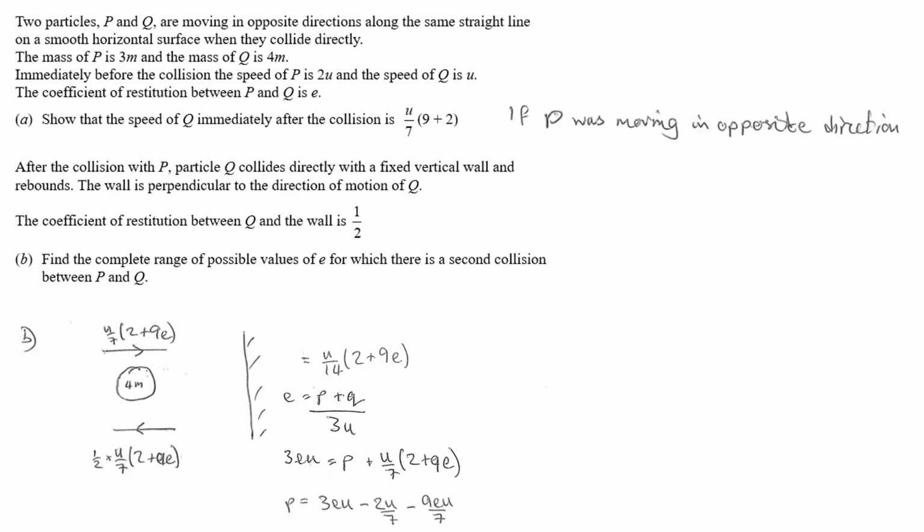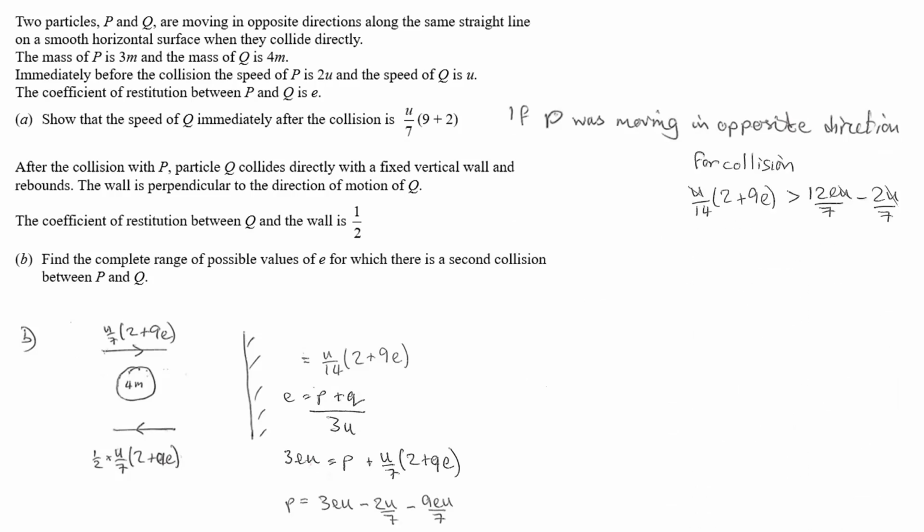Now, P is moving in the opposite direction to my first diagram. The two particles have collided, and instead of P moving in the same direction towards the wall, P is moving in the opposite direction. So it collides and rebounds away from the wall.